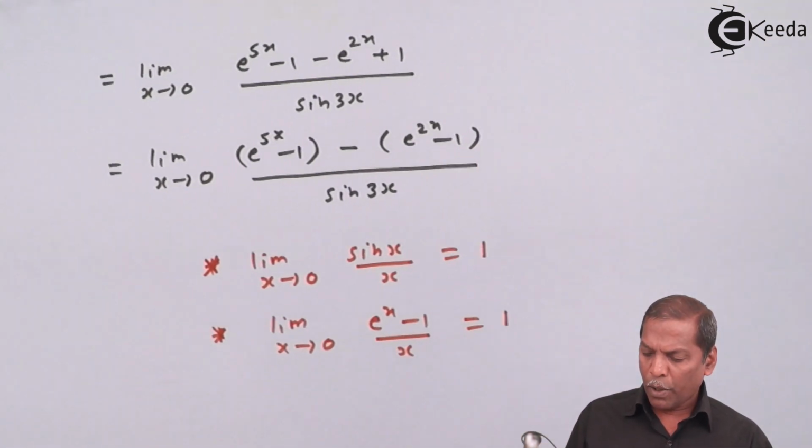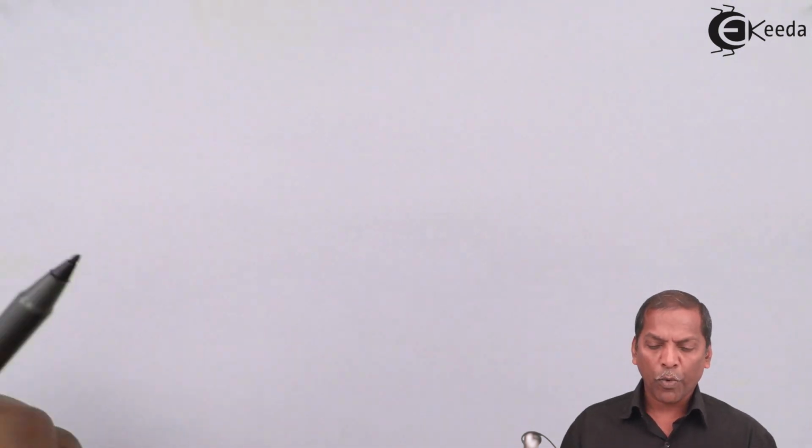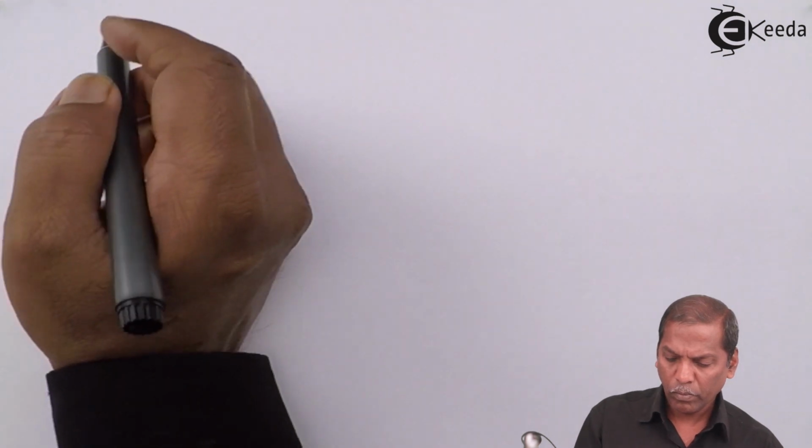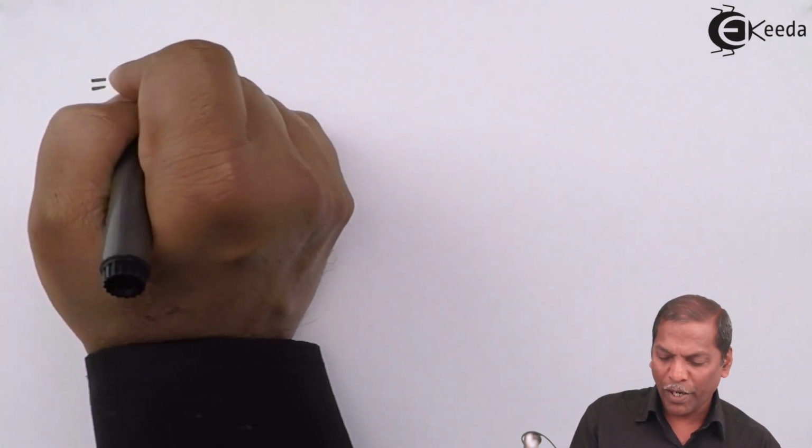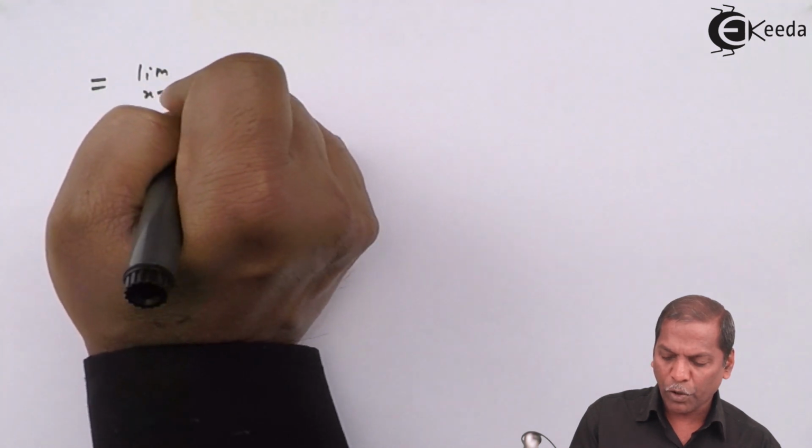So to solve the given problem we have to use these two formulas. So the next step will be limit x tends to 0.